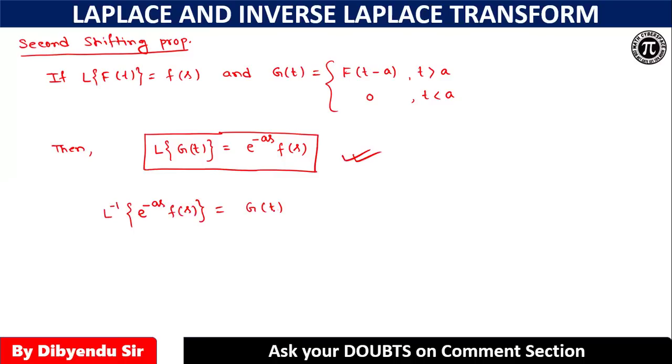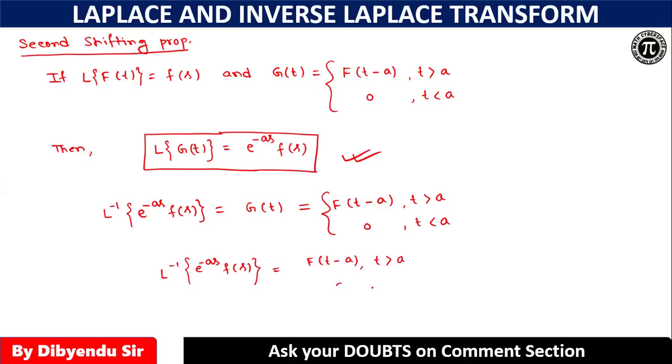And you know what g of t is? g of t is equal to f of t minus a when t is greater than a, and 0 when t is less than a. So ultimately Laplace inverse of e to the power minus as F of s is equal to f of t minus a when t is greater than a, and 0 when t is less than a. This is the formula of the second shifting property for inverse Laplace transform.